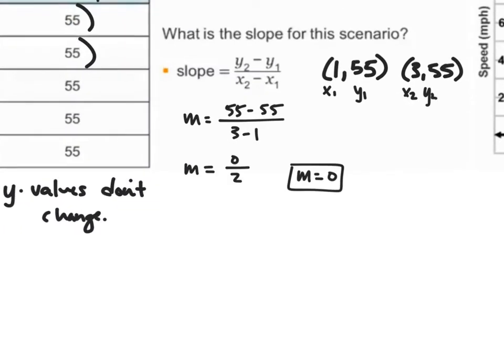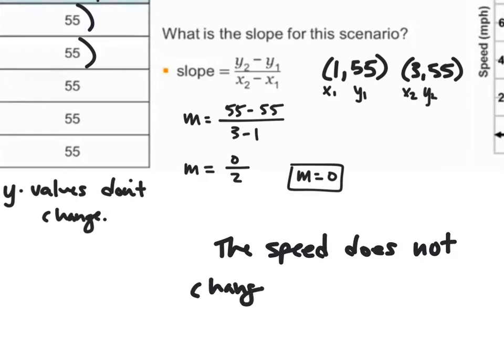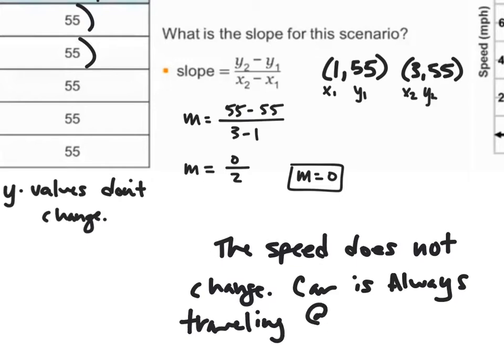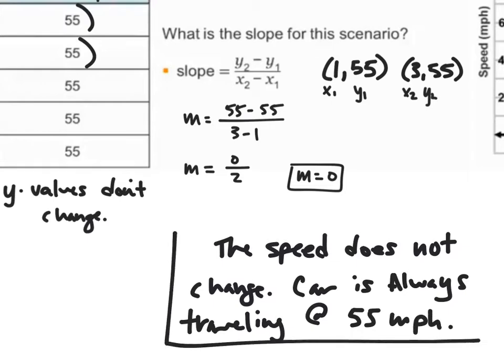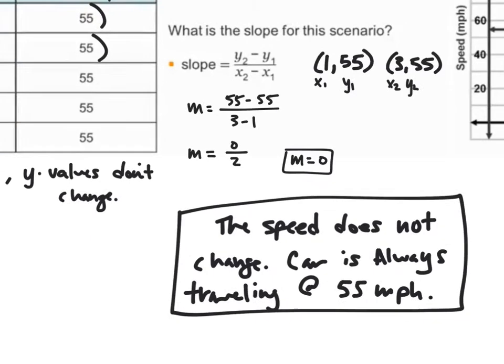The speed does not change. The car is always traveling at 55 miles per hour. That's what we can do. Let's take a look at the last one.